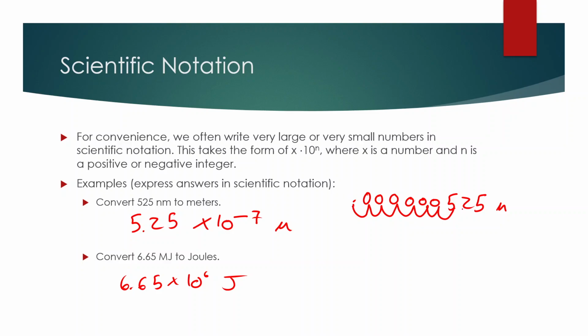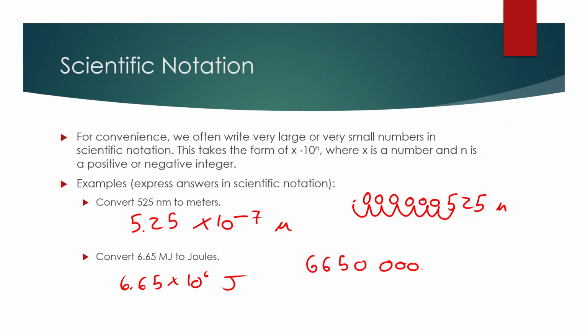So then that's 5.25 times 10 to the negative 7th because I moved it over 7. Wait, I might have added one too many zeros there. 1, 2, 3, 4, 5, 6. No, that's right.